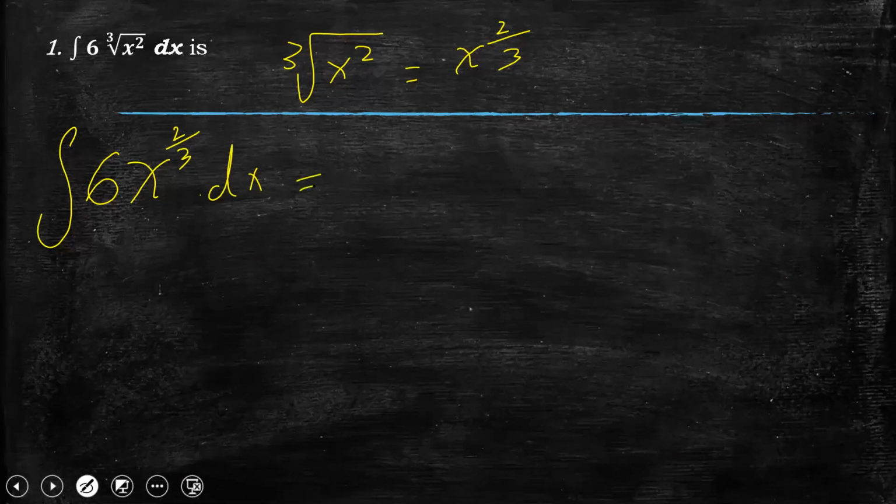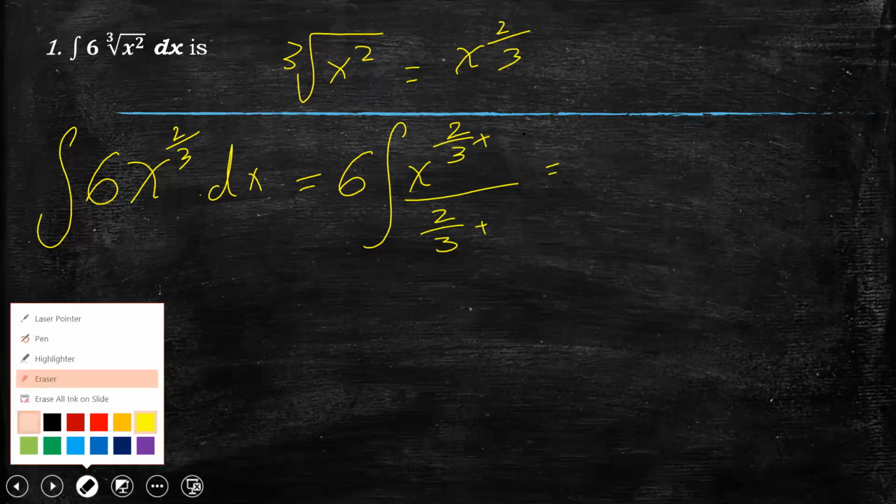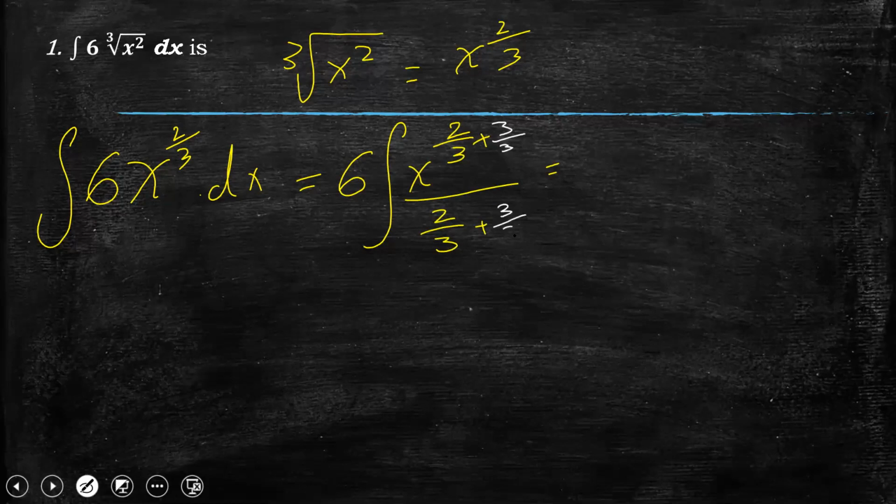Then keep 6 outside. The integration of x to the power 2 over 3 is x to the power 2 over 3 plus 1, over 2 over 3 plus 1. This plus 1 here, I can rewrite it as 3 over 3. So I have 6 integration of x to the power 5 over 3 over 5 over 3.